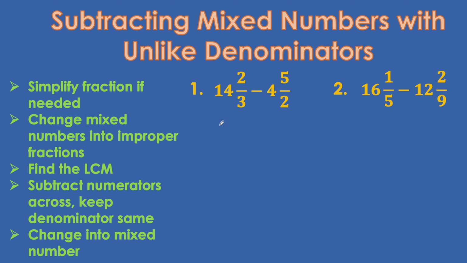So we're going to change this mixed number into an improper fraction. Let's write the denominators out first, since we know what they are. 14 times 3 is 42 plus 2, it would be 44.